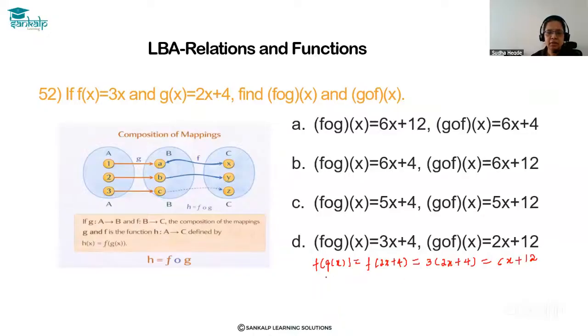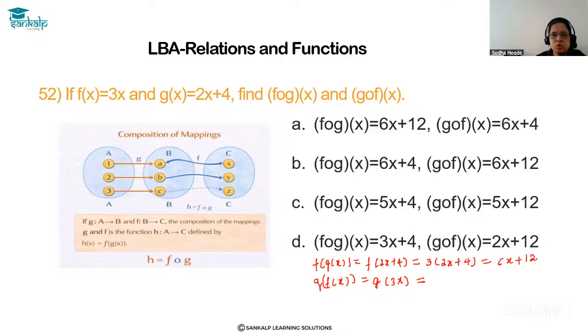Now you find g composition f of x. So g of, what is f of x? It is 3x. Now g of 3x, how do you find?